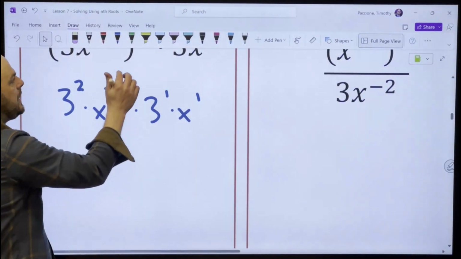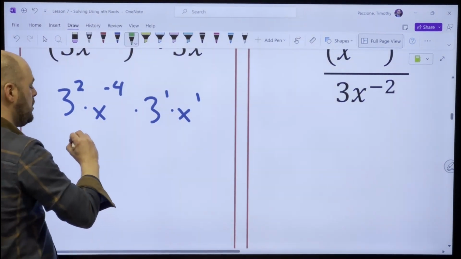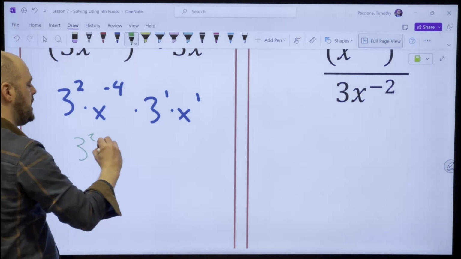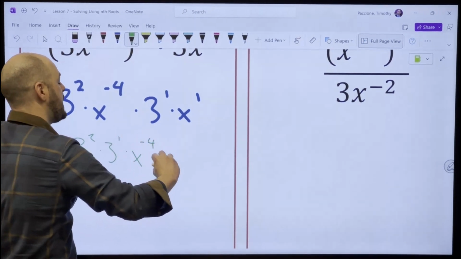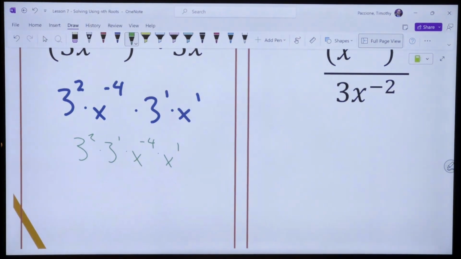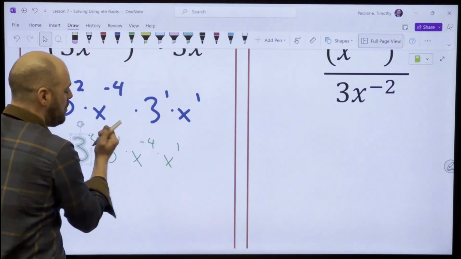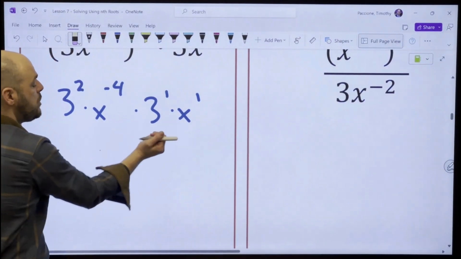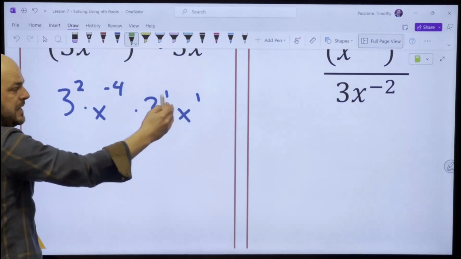And when you start combining things, you could take the time to put them together and say, well, let me go 3 squared times 3 to the 1 times x to the negative 4 times x to the 1, if it helps you to see them side by side, to know what you can combine. But you don't have to do this, right? When everything's multiplying by each other, you can combine pieces along the way.